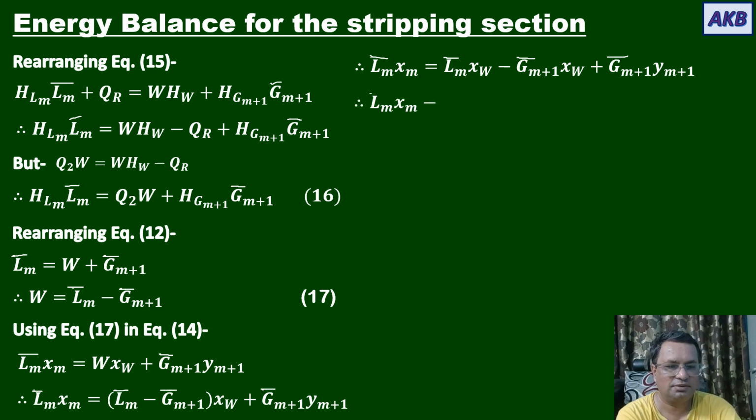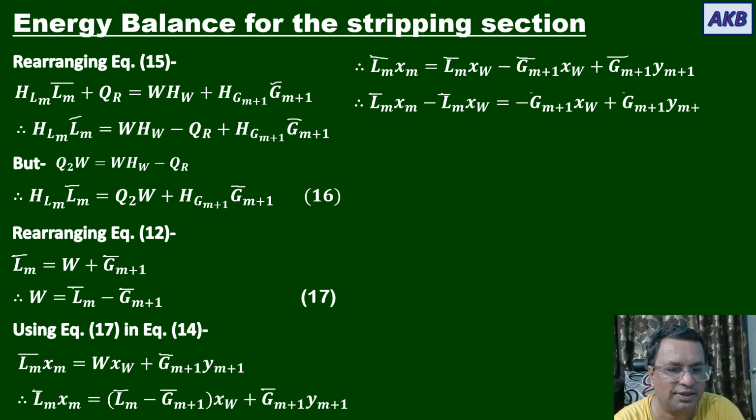Then all terms containing L bar M on one side. So it will be L bar M XM minus L bar M XW, that is equal to minus G bar M plus 1 XW plus G bar M plus 1 YM plus 1.